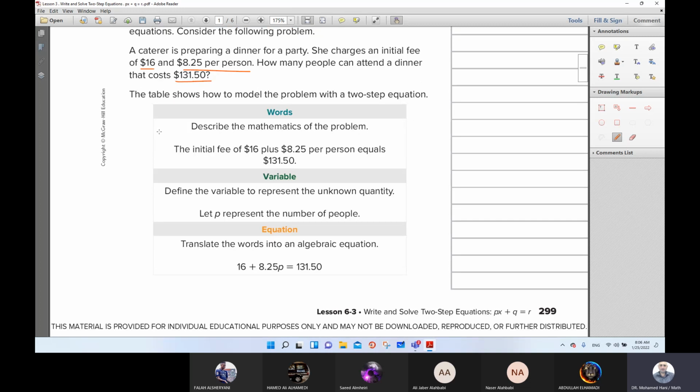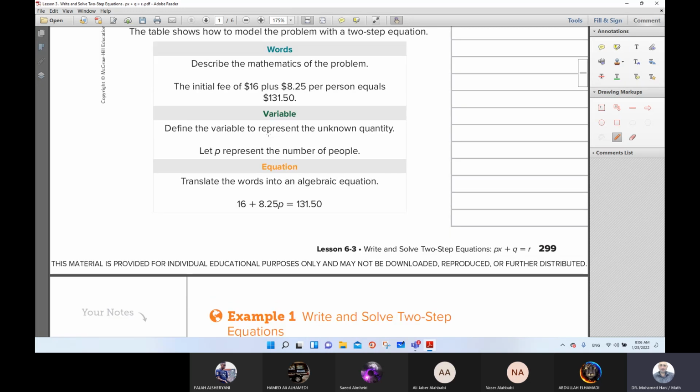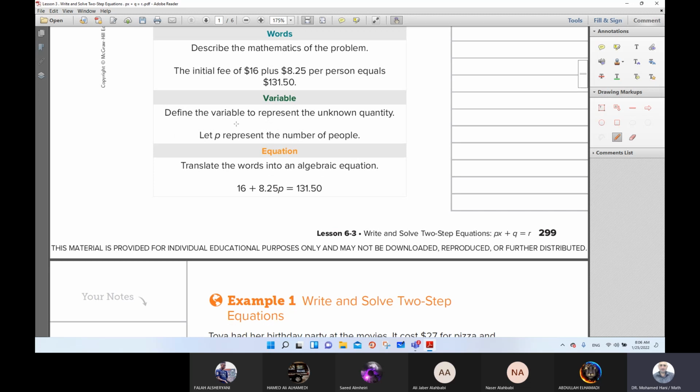The table shows how to model the problem with a two-step equation. Describe the mathematics of the problem. We have here in this example the initial fee of $16 plus $8.25 per person equals $131.50. Then define the variable to represent the unknown quantity.